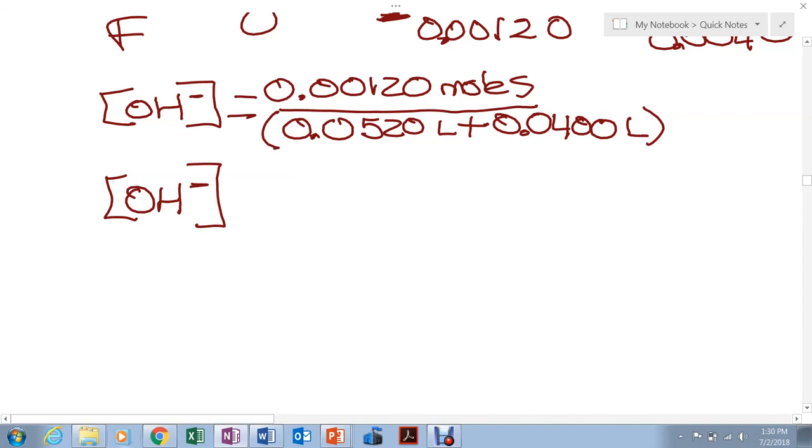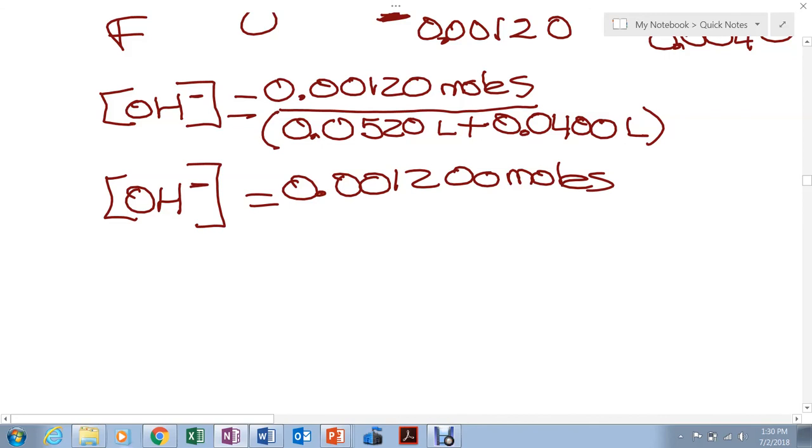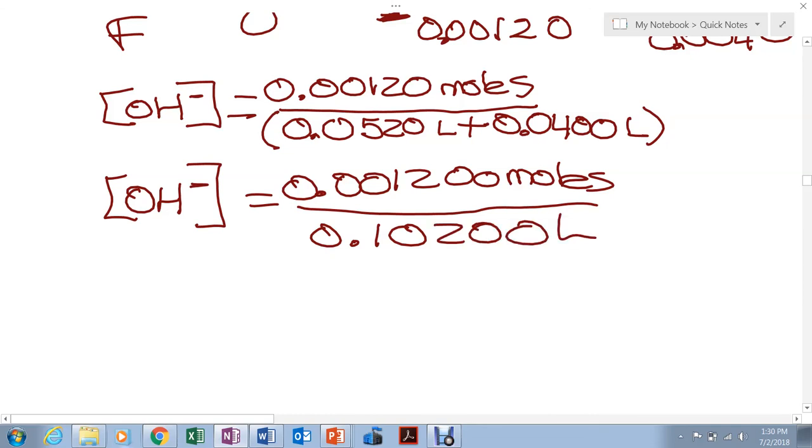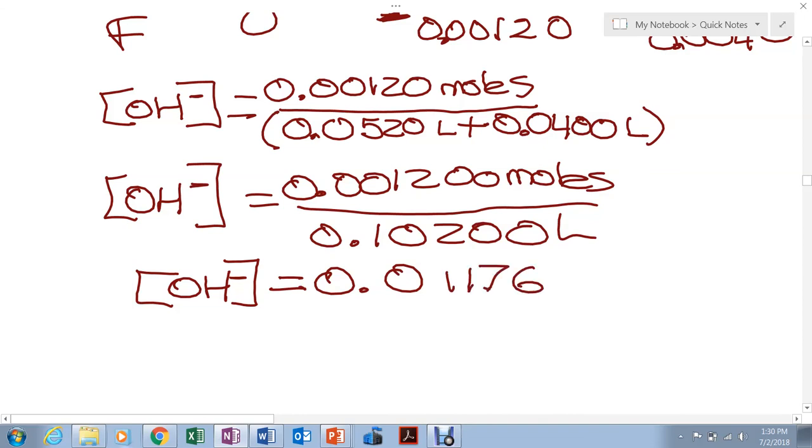So this is going to give you that the concentration of OH equals 0.00120 moles. You divide it by 0.1020 liters. So the concentration of OH negative would be 0.01176 molar.